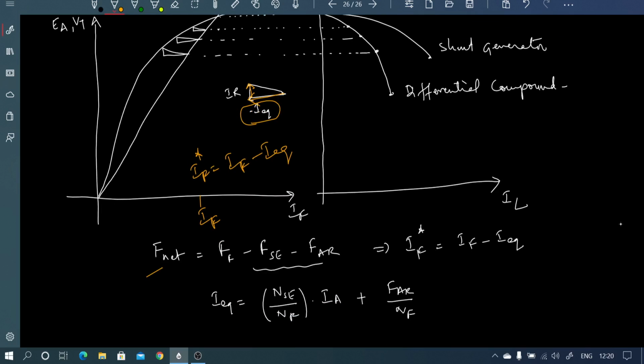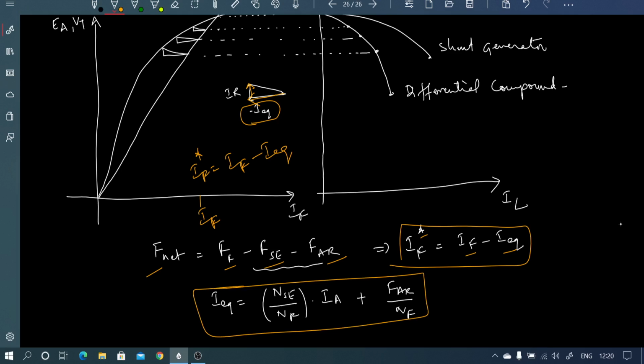The net field MMF is the shunt field minus the series field minus the armature MMF, and IF star is equal to IF minus IEQ, where IEQ is the sum of the series field equivalent current and the armature reaction equivalent current. Once I calculate the IA RA drop and add vectorially this equivalent current IEQ, then I will have a triangle.